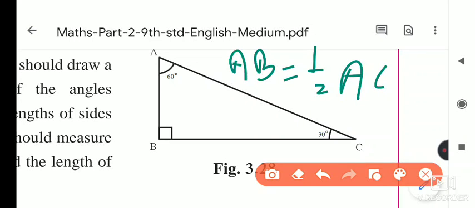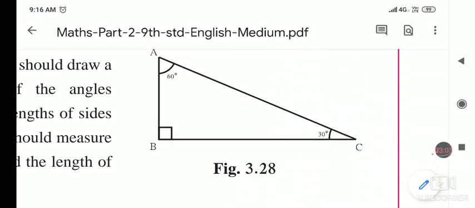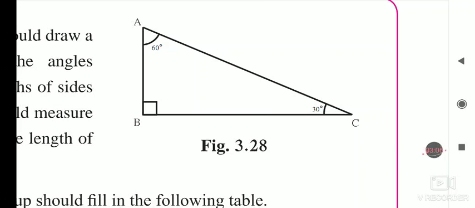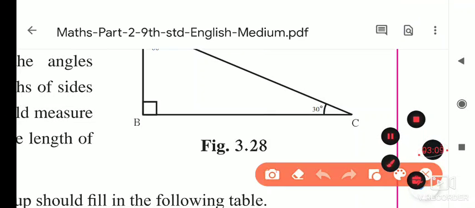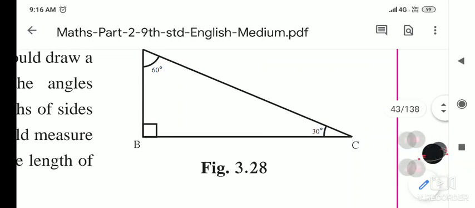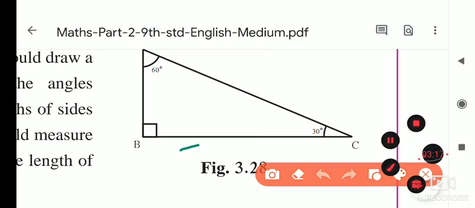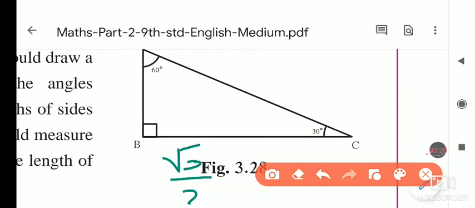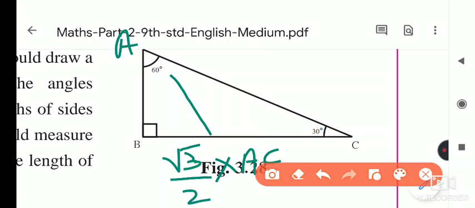Secondly, the side opposite to 60 degrees, as you see in the figure, is BC, and BC is root 3 upon 2 of the hypotenuse AC. So the side opposite to 60 degrees is root 3 upon 2 of the hypotenuse, and the side opposite to 30 degrees is half of the hypotenuse.